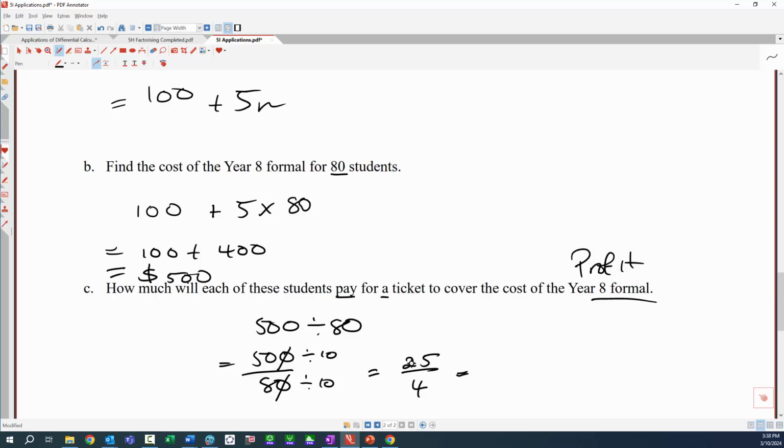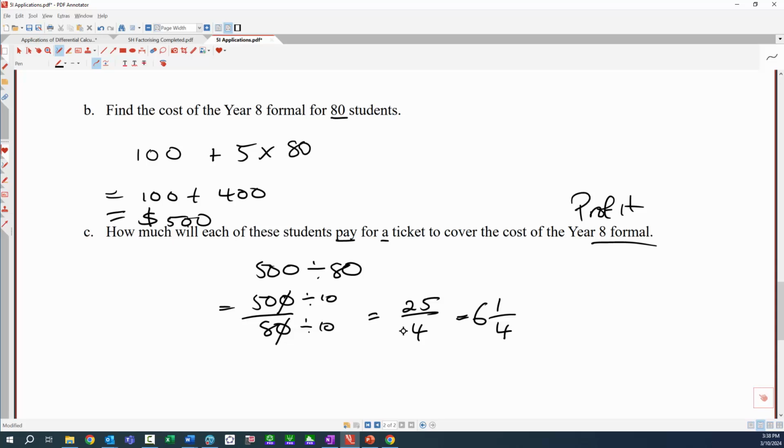And let's just write that as a mixed fraction. So 4 goes into 25 6 times with a quarter left over. 6 1/4. Okay, now what does that mean? We want to know how much each student has to pay. So that's going to be, and we're going to use these 3 dots there, that means therefore in maths, that's mathematical shorthand for therefore, $6, and this is going to be a quarter of a dollar.